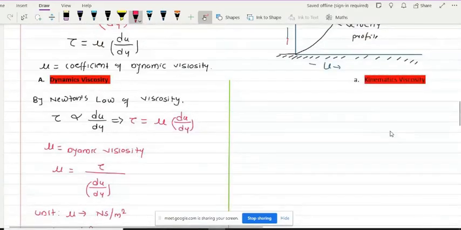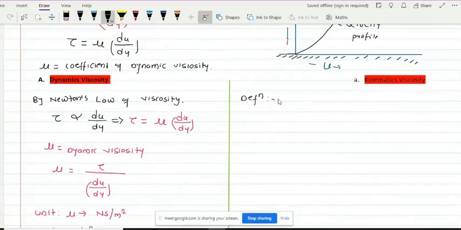Next is kinematic viscosity. How to define kinematic viscosity? Kinematic viscosity is the ratio of dynamic viscosity and density.